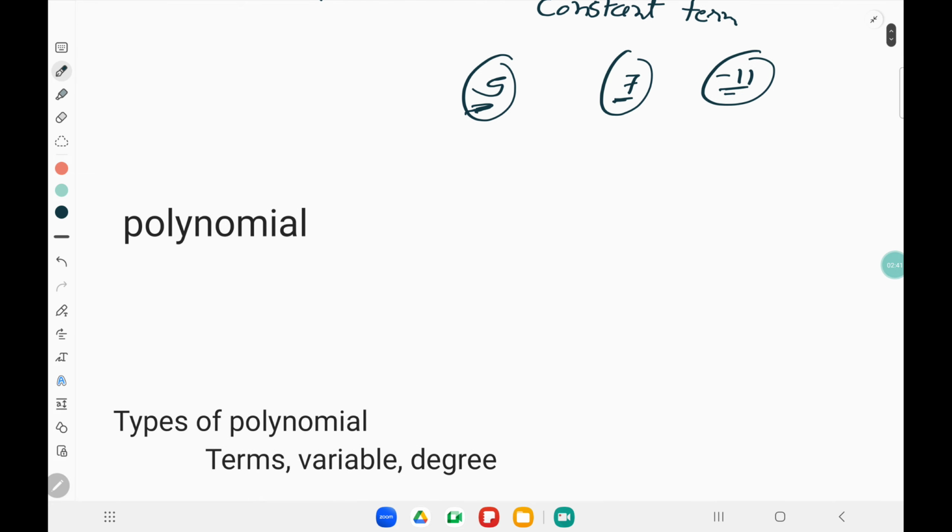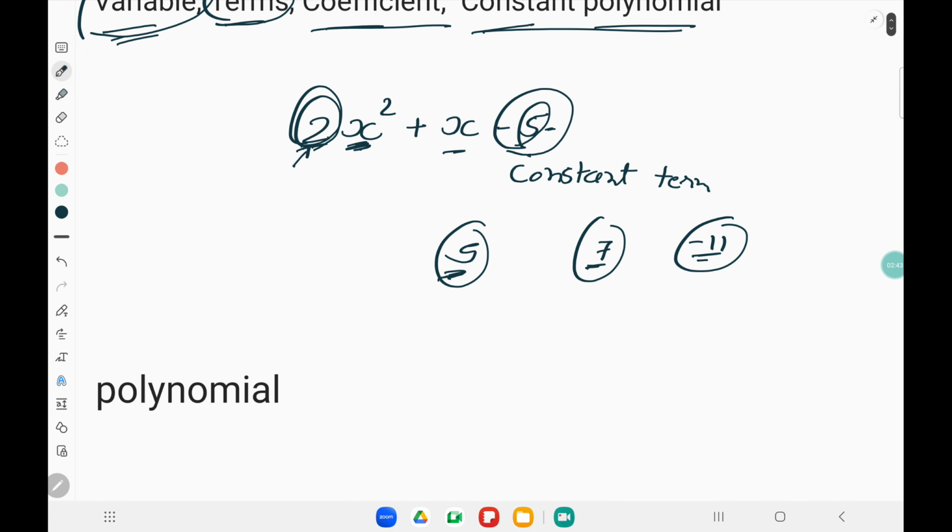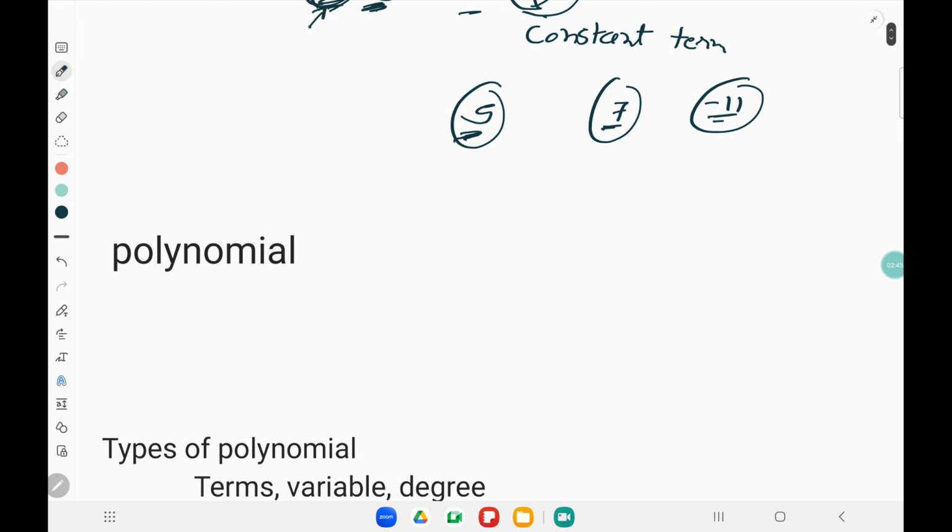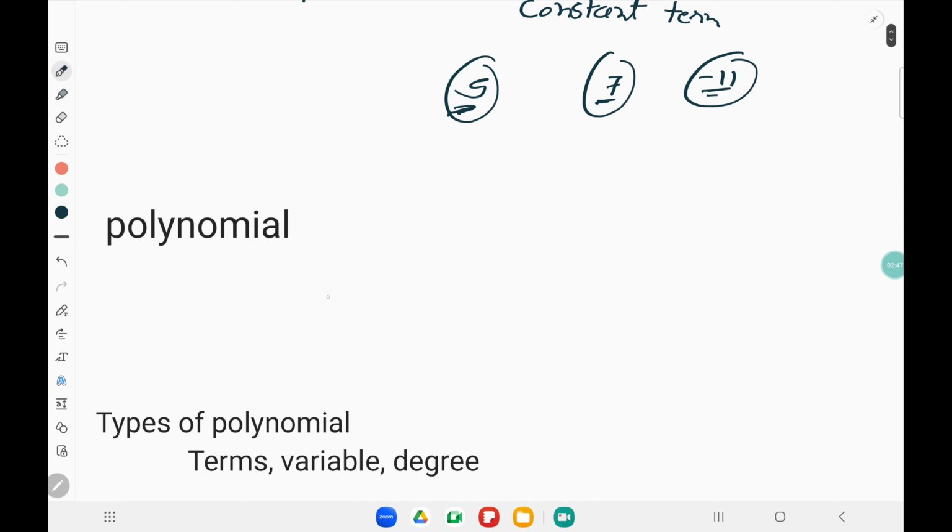Okay. So here we see about the polynomial, right? So let's write one more polynomial here: 4x to the power of 3, x cube, minus 2x square plus x plus 7. So this is one polynomial which has how many terms? 4 terms.